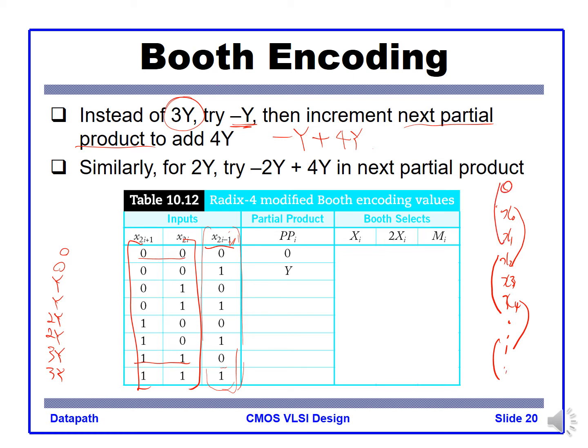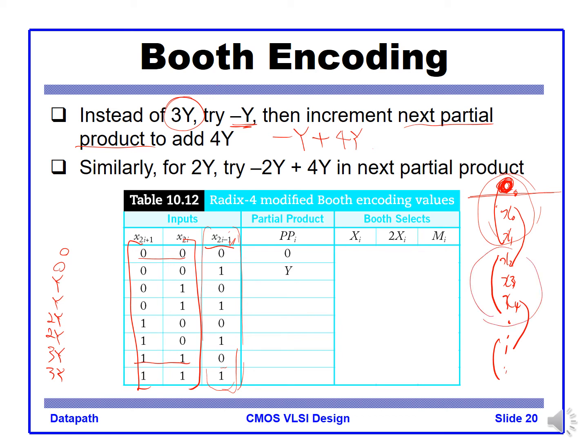The initial first 2 bits are taken together with an artificial 0 below the binary point. So we look at this 3-bit group first, and then depending on the lower bit, in this case obviously 0.